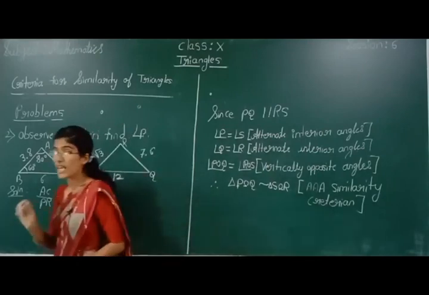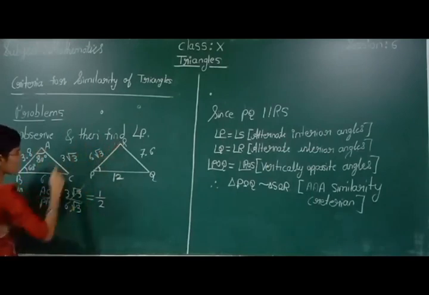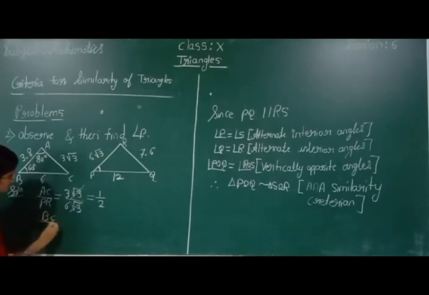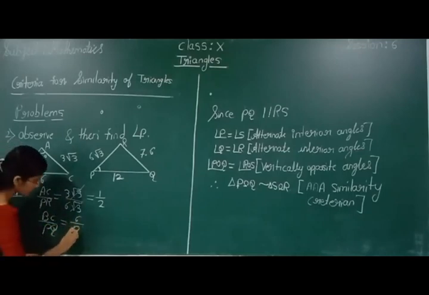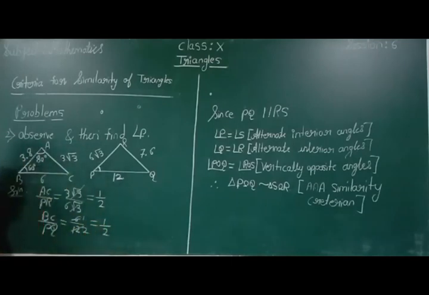AC by PR, if I do, I am getting 1/2. Now I will check the ratio of BC by PQ. BC value is 6, PQ value is 12. 6 ones are 6, 6 twos are 12, here the ratio is coming 1/2.